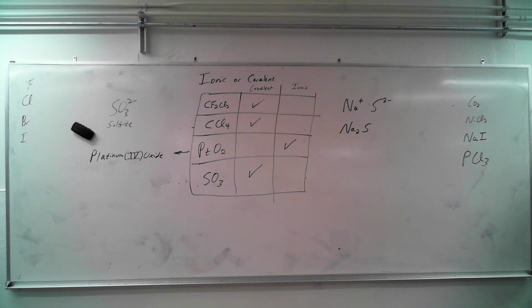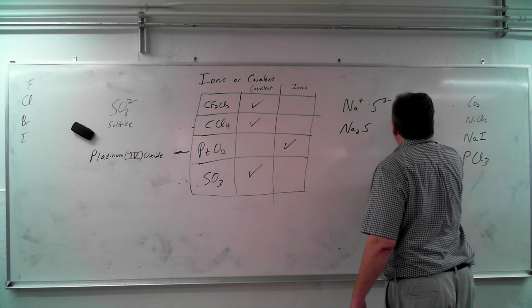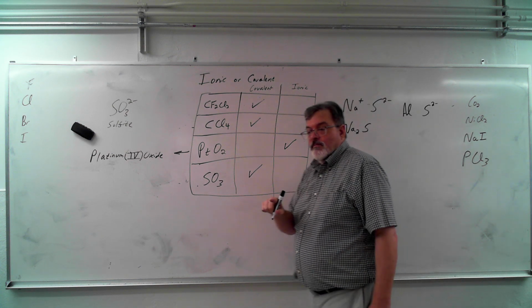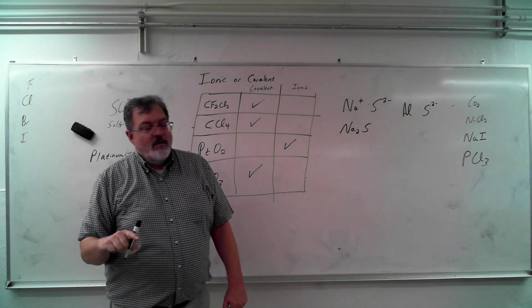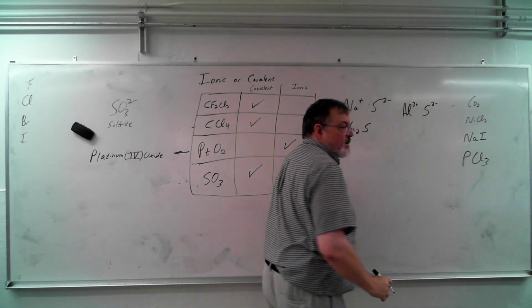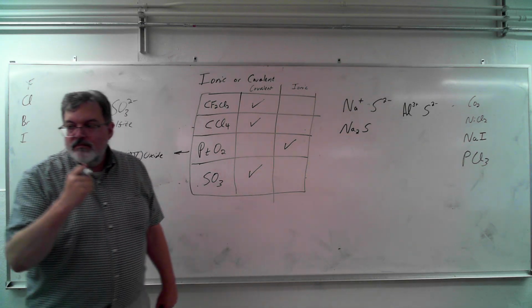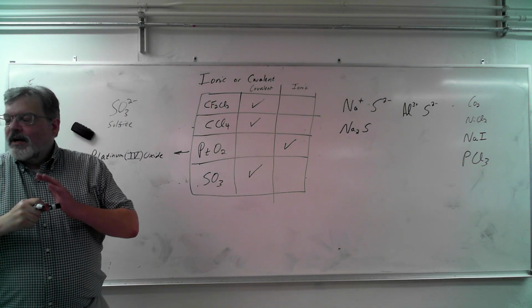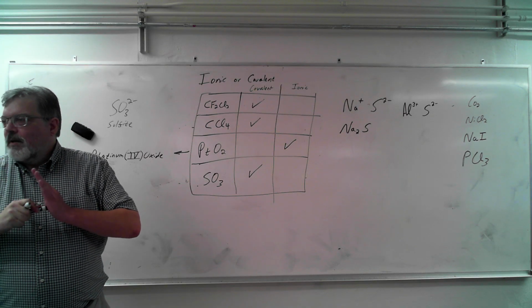You want to do more of these? Let's do aluminum and sulfur. Sulfur is 2 minus. What is aluminum? It's 3 plus. It's the only one that's 3 plus that's predictable. You can come up with other 3 pluses elsewhere, but those are in polyatomic ions. It's predictable, but it's the transition metals.